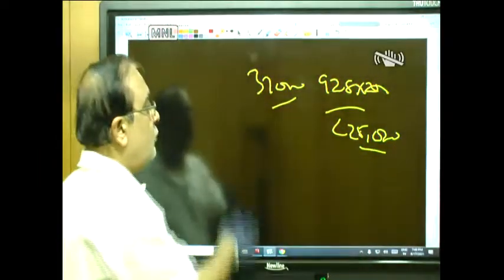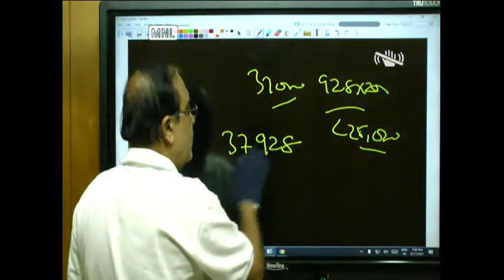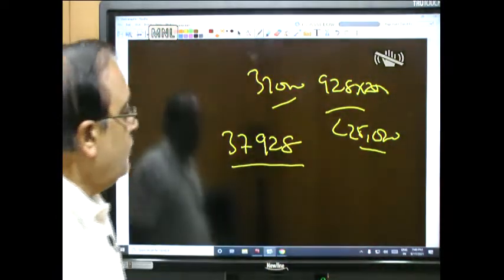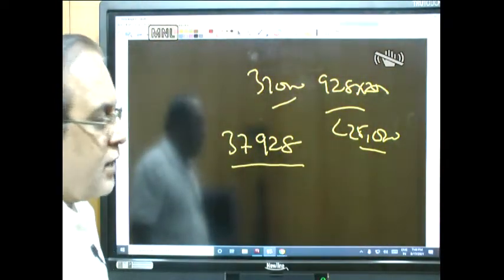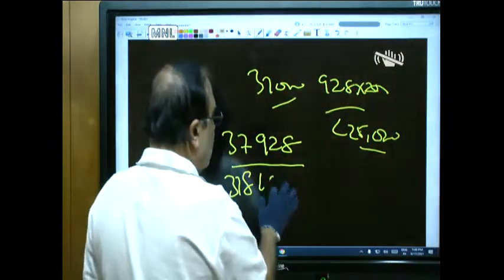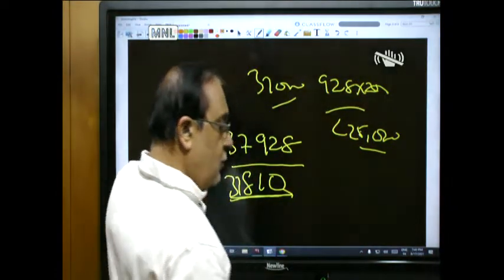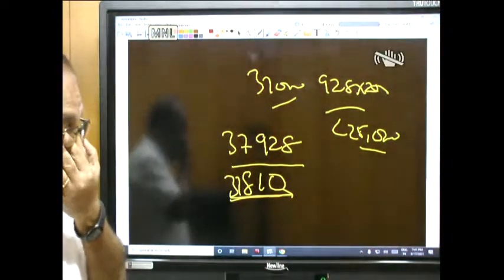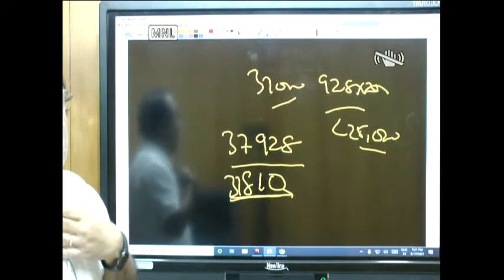So for the 37,000 call we are paying 928, which I feel is still slightly on the higher side, because spot is 37,810 or so, but Bank Nifty futures is quoting at a much higher price. So the return on Bank Nifty has to be much more than Nifty.